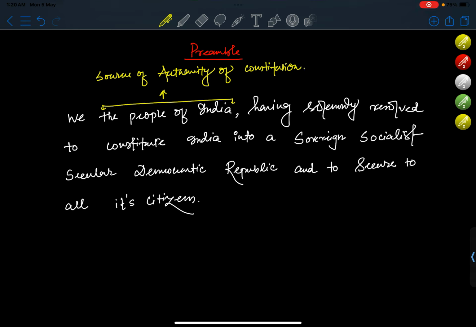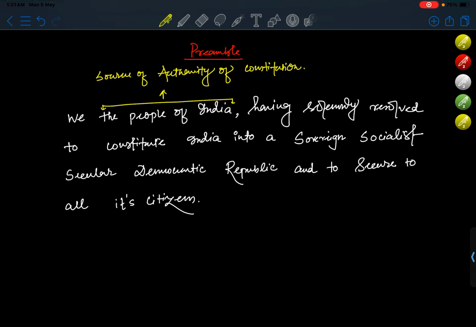Our constitution gives power to the election commissioner, the Supreme Court, etc. But from where does the constitution get the power? It is the people of India who gave the power to the constitution.